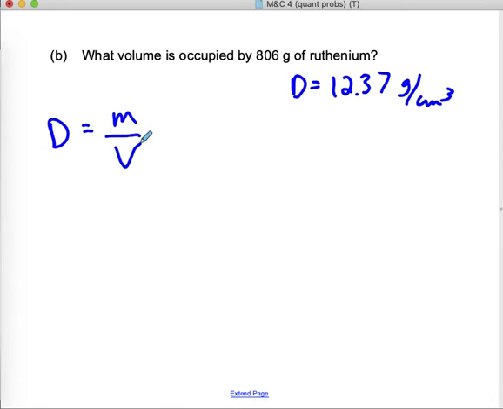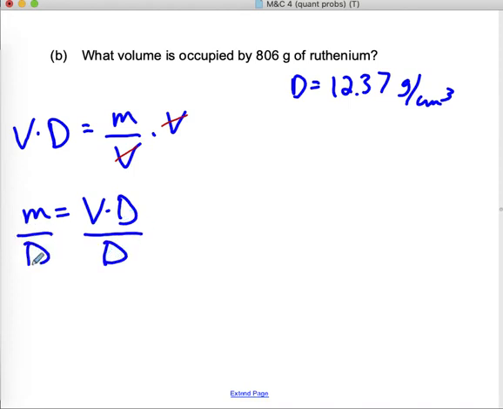I do this by multiplying both sides by volume, as I did before. So volume cancels volume, and that gives me mass equals volume times density. And now to get volume by itself, I divide both sides by density. Density cancels density, and I get my rearranged equation, which is volume equals mass over density.